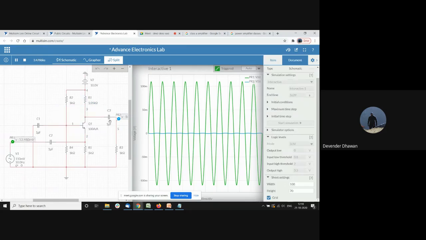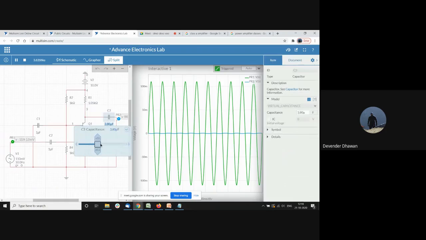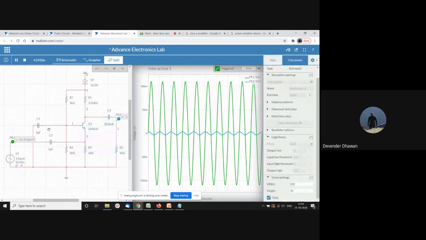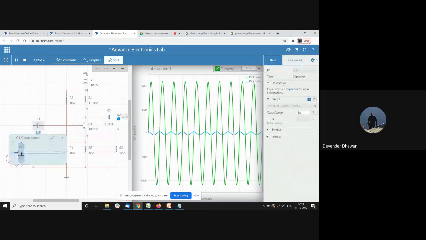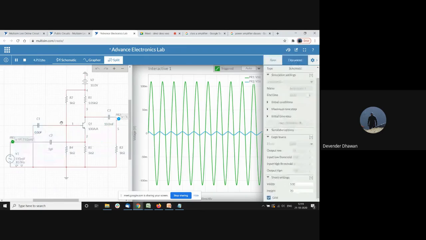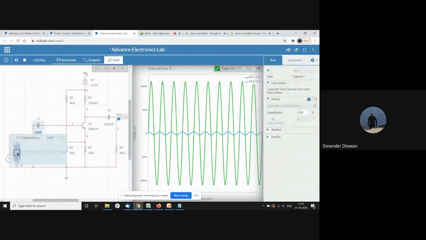Let us try to change these values and see if we can amplify our output AC. We are getting some amplification here. Okay, let us see what we can do. Okay, not so much effect.